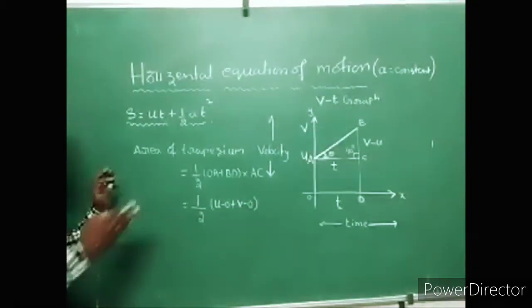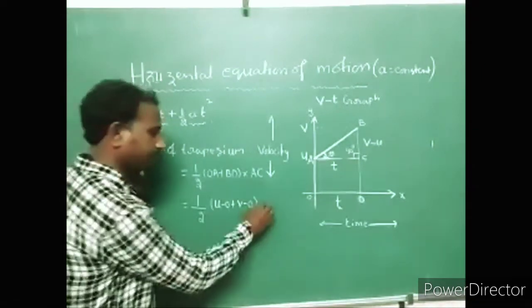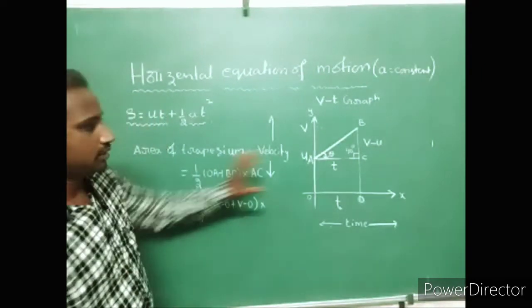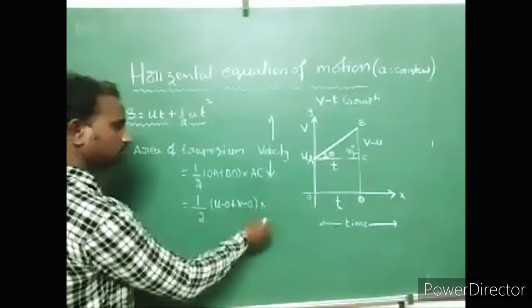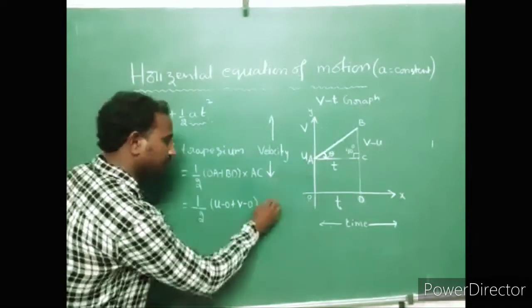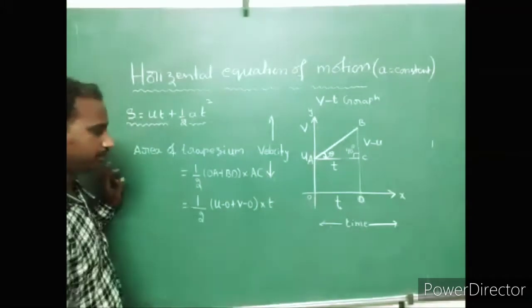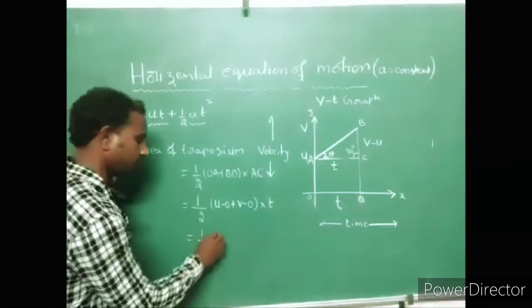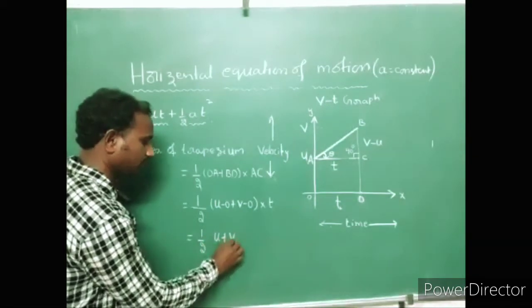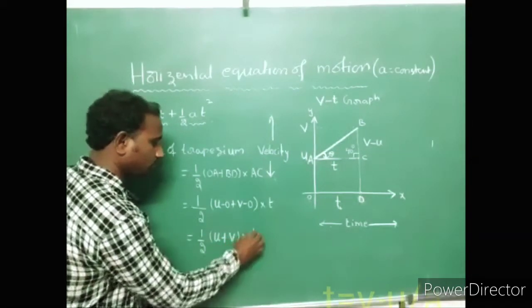So (U minus 0) plus (V minus 0) into the AC value. AC is equal to time, T. We substitute that value. Now simplify: 1/2 into (U plus V) into T.